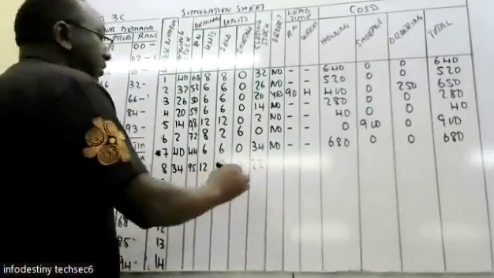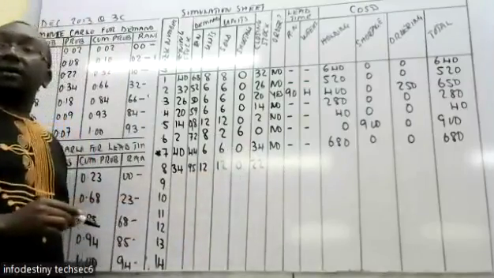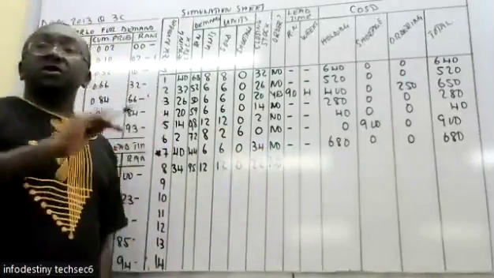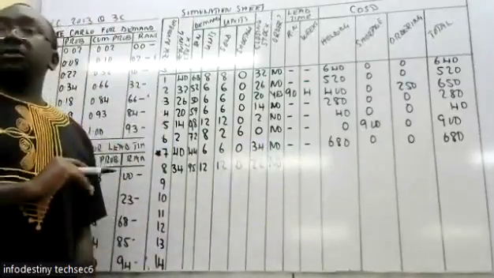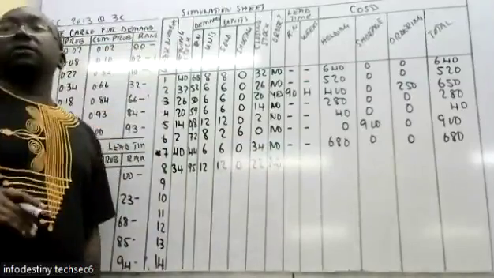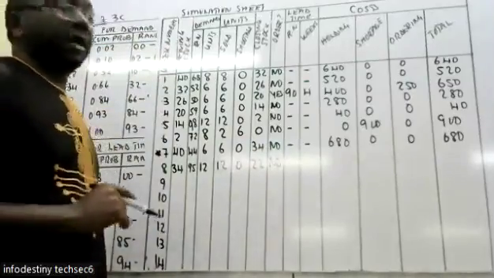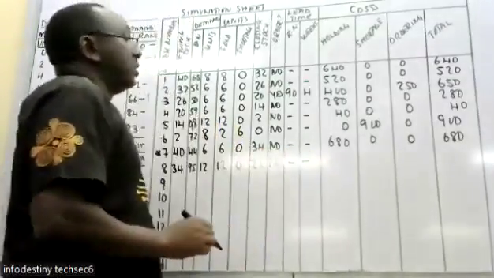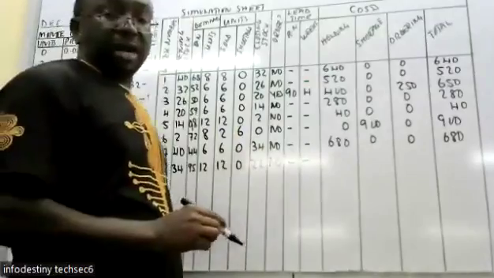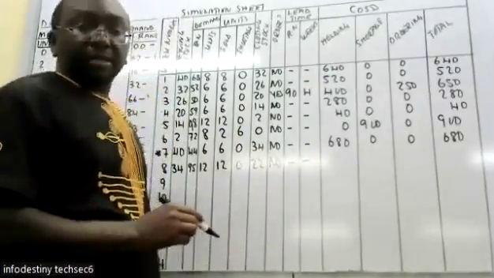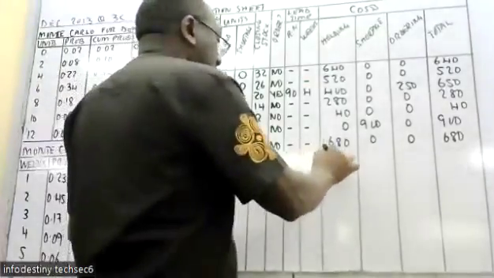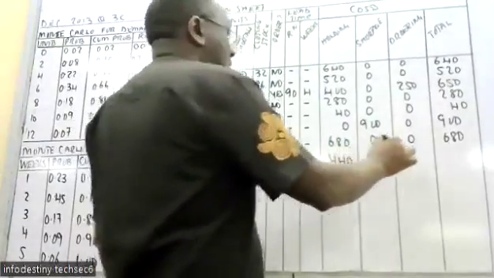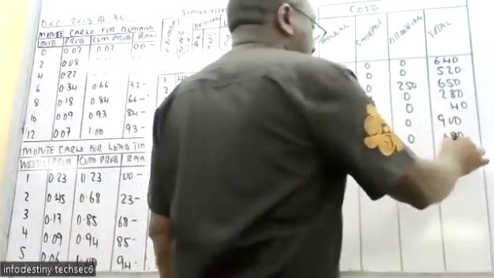Do you place an order? No. This is the first time we have gone below the order point. So tutaweka order kesho. So nothing there. So 22 times 20, I can see 440. No shortage, no ordering, we have 440.